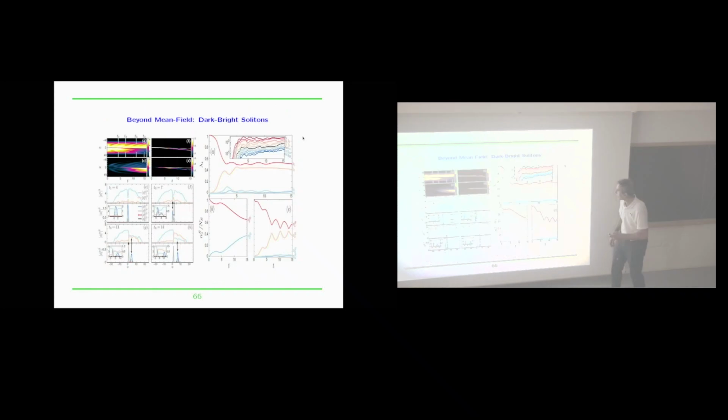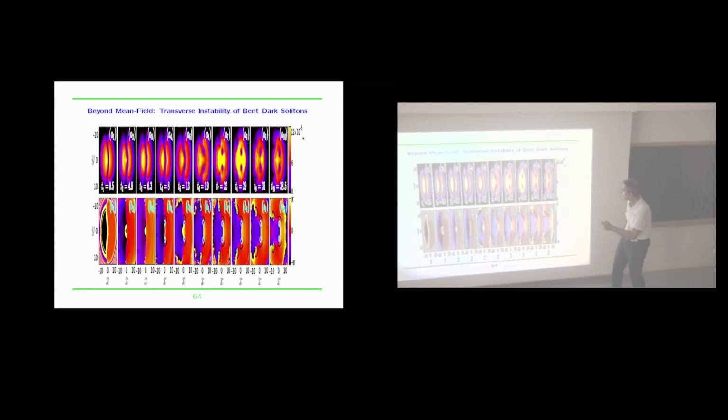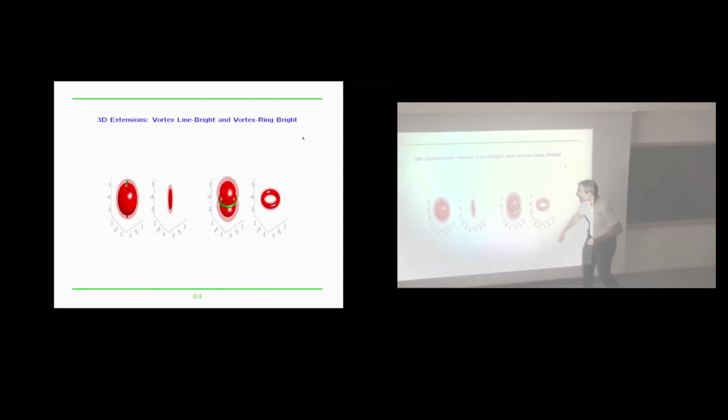So there are also states like the vortex bright in 3 dimensions. Here's a vortex line together with a bright soliton. Here's a vortex ring together with a bright soliton. So the generalization of the 2-dimensional states in 3D are also possible.